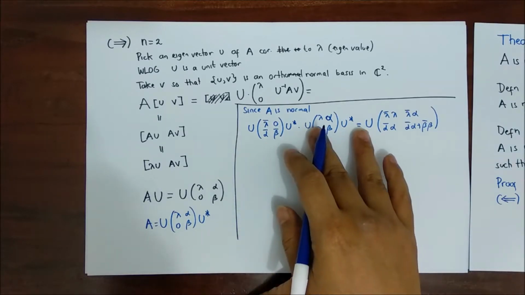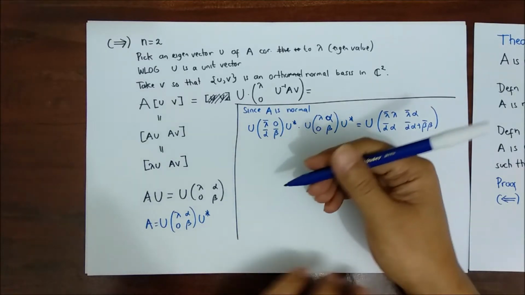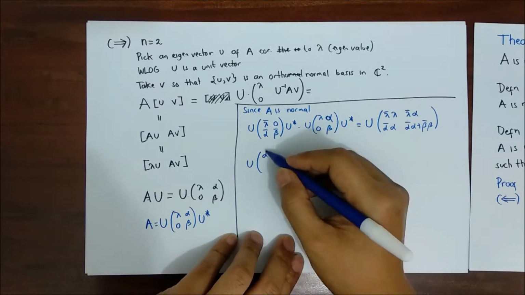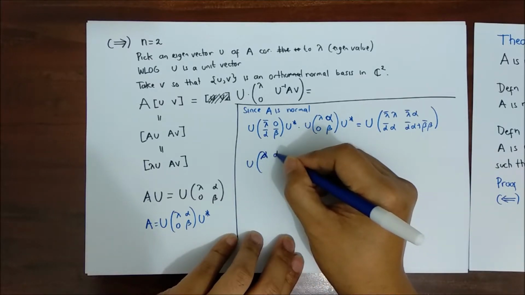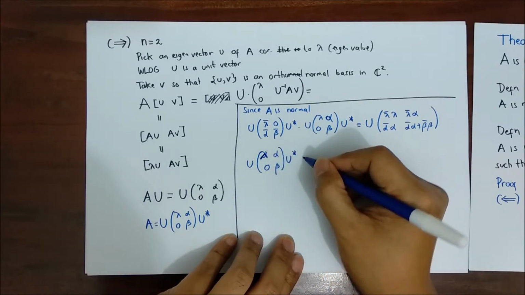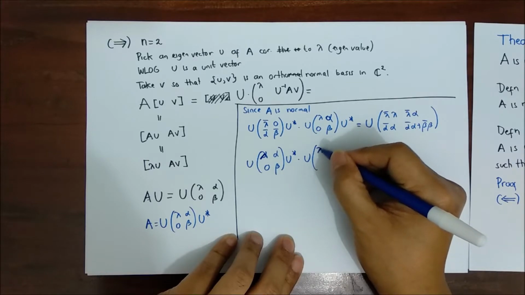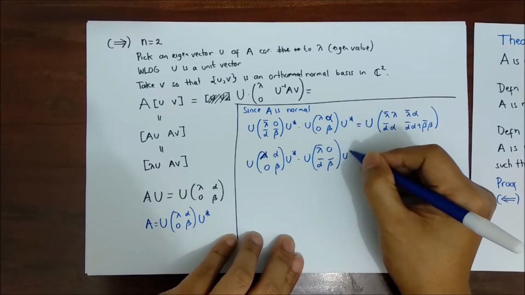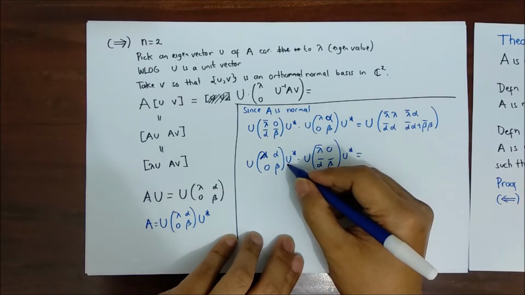And then if we reverse the position, we do U (lambda, alpha; 0, beta) U star U (lambda star, 0; alpha bar, beta bar) U star, where U star U is identity.